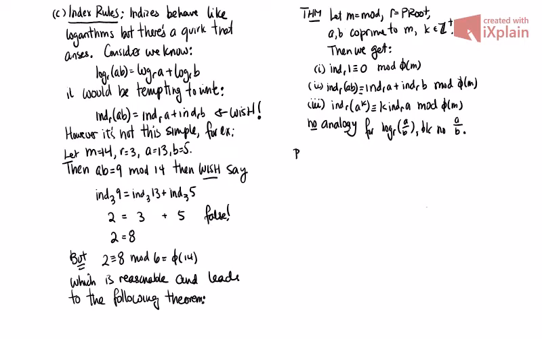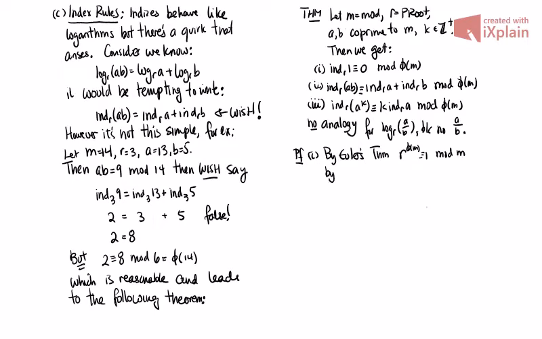So let me prove 1 and 2. In the lecture notes online I proved all 3 of them, but 3 is very similar to 2. So let me just do 1 and 2. For 1, by Euler's theorem, r to the phi of m is 1 mod m. That's exactly what Euler's theorem says. And now the index, of course, is the unique power between 1 and phi of m such that r to that power gives us the value.